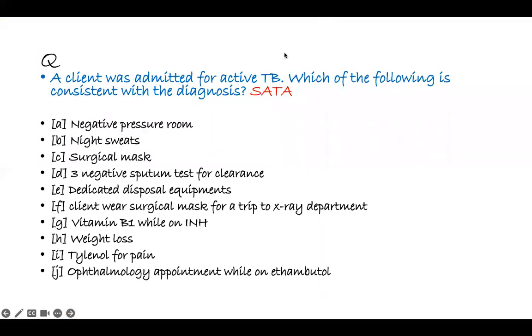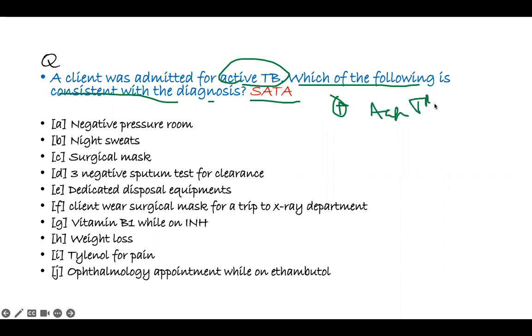So I have one quick question for you. I combine everything. SATA question, read the last one. Which of the following is consistent with the diagnosis? So this is plus, consistent. A client was admitted with active TB. So he has active TB. So what do I expect when a patient has active TB?